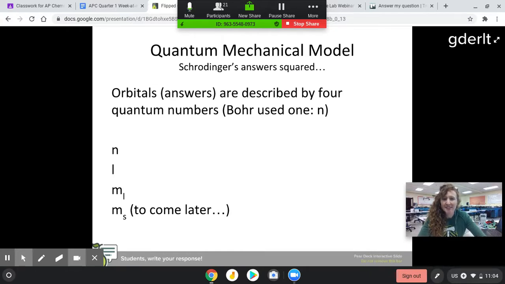We could just skip the evidence behind the theory. It would probably save us a whole day of talking if we skipped the line spectrum and the Rutherford model, the Bohr model, the quantum mechanical model, Heisenberg's principle. If we just skipped all of that, it would save us time.